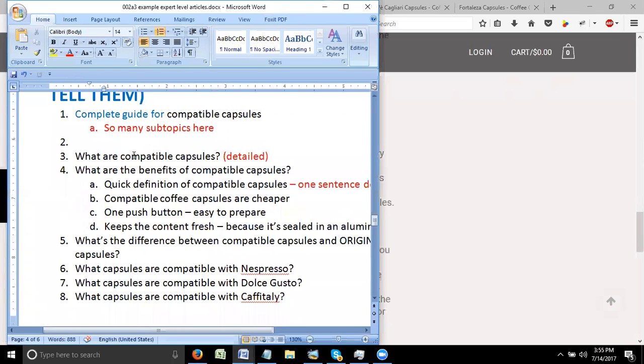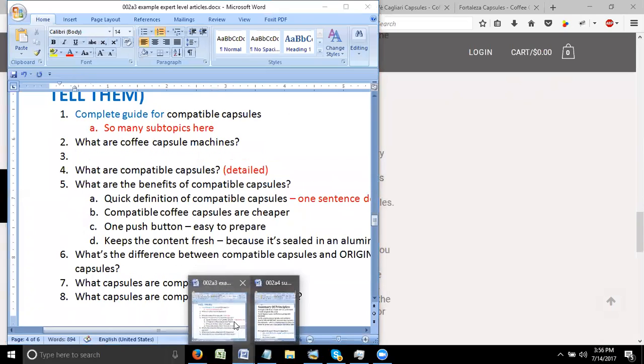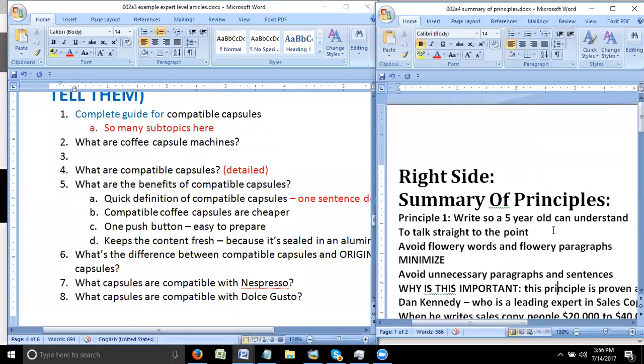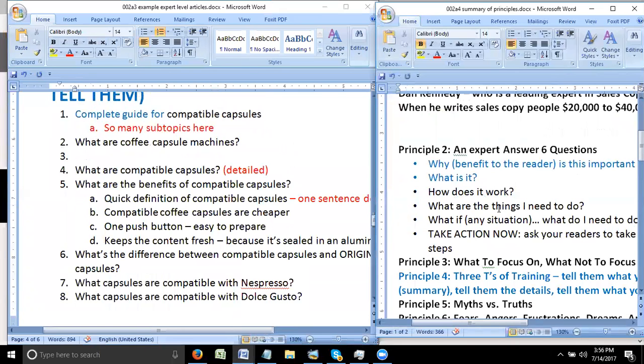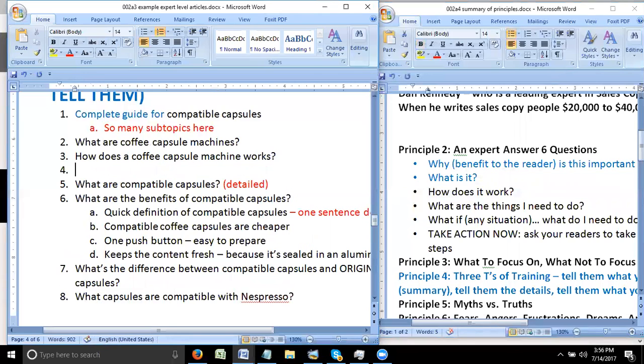What are compatible capsules? What are coffee capsule machines? And remember, one of the things that we talk about is how does it work? I don't know how a coffee capsule machine works. I'm not even sure if I've ever seen one.